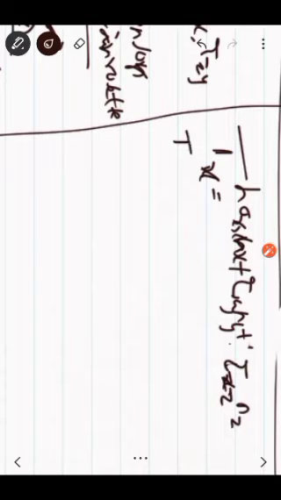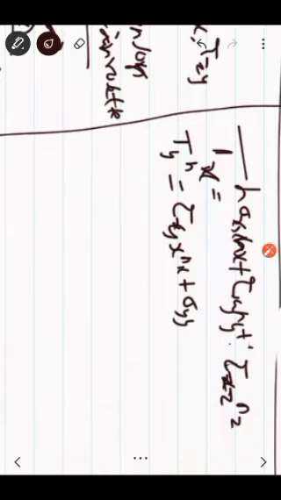Similarly, ty, the stress on the surface with normal n, that is tau yx nx plus sigma yy ny plus tau yz nz. So you have the Cauchy formula.